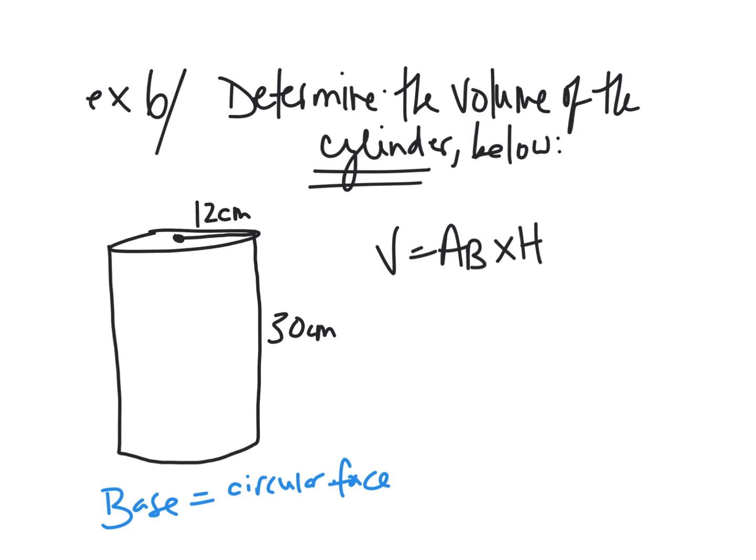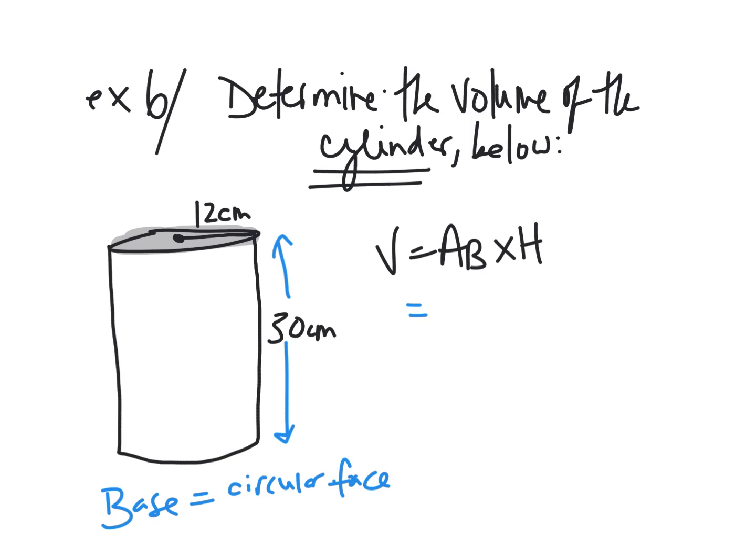So if we take the area of the base, so we're going to find the gray area here, and then we're going to multiply it by the height, which is, of course, this measure of 30 from here to there. Okay, so how do we find the area of a circle?